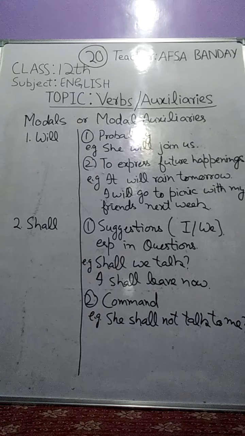So it's a command. Even with the third person pronoun, we have used shall. In case of commands, we can use shall even with third person pronouns. But in case of suggestions, we use shall only with I and we.